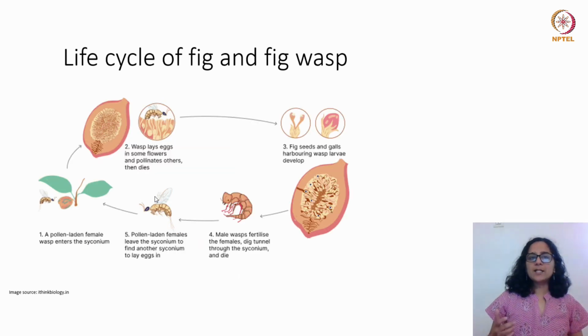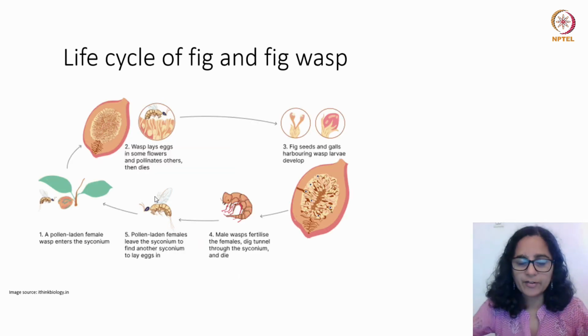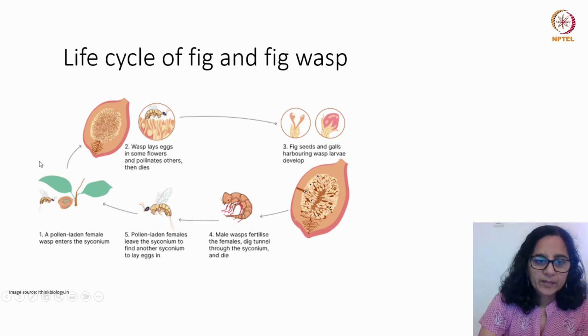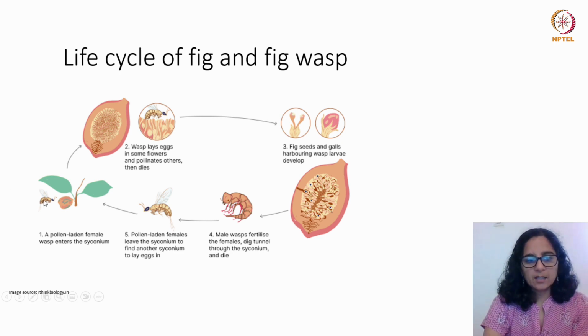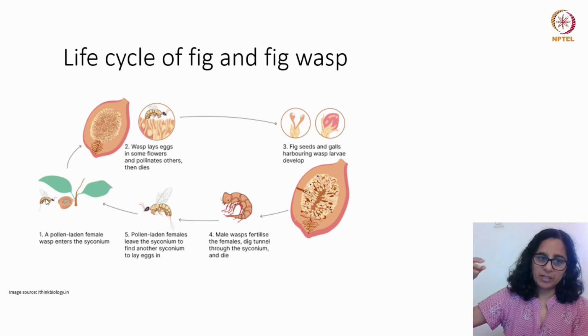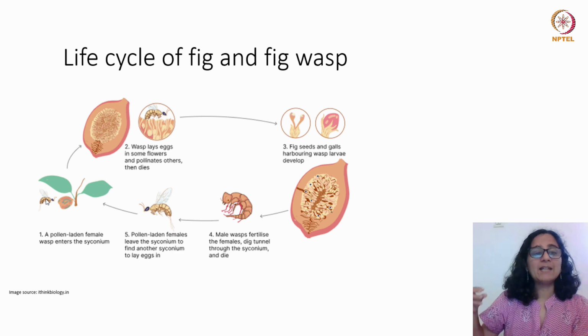Now let's look at the life cycle of a fig and how the fig wasp influences it. Let's go from here. This is a female wasp. It's coming from a different fig inflorescence, and it is laden with pollen.